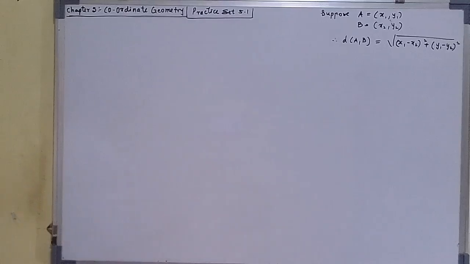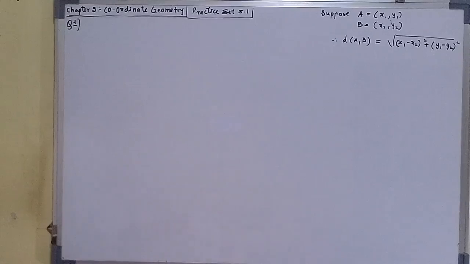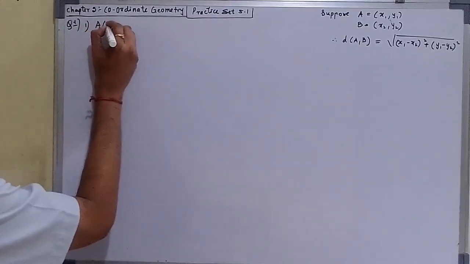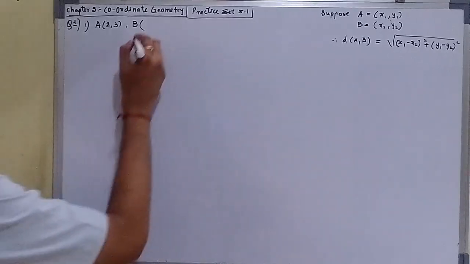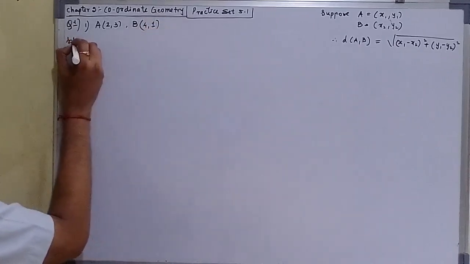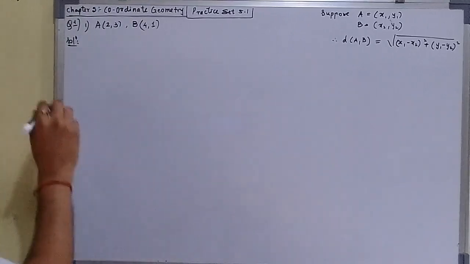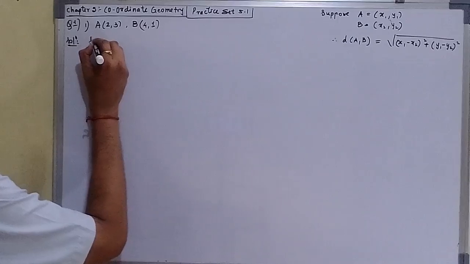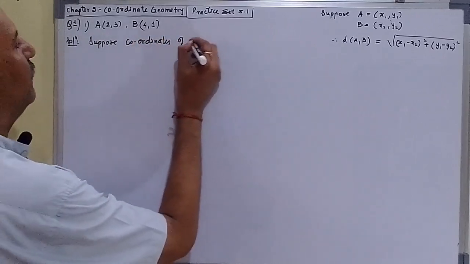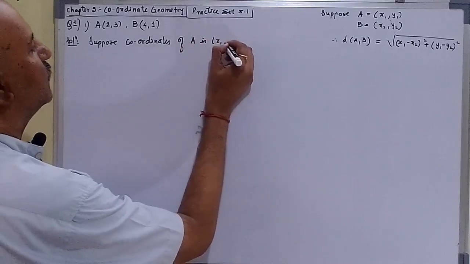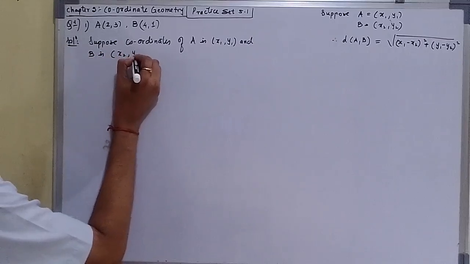The first is: find the distance between each of the following pairs of points. So question number 1 in practice set 5.1, the first pair is A and B. A is (2, 3) and B is (4, 1). So let's start the solution. Here we have to assume, suppose the coordinates of A is x1 comma y1 and B is x2 comma y2.